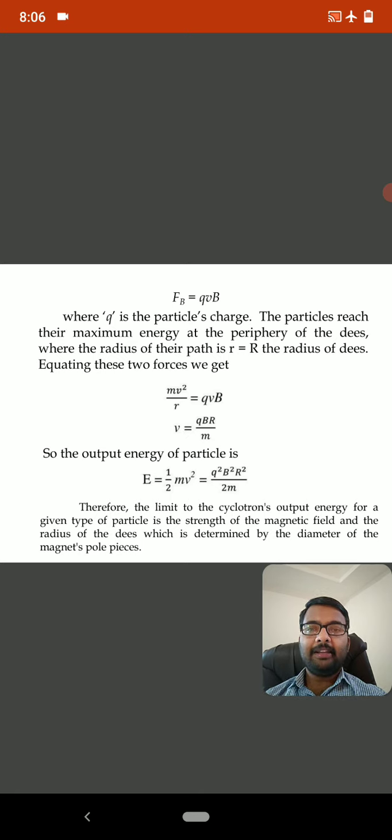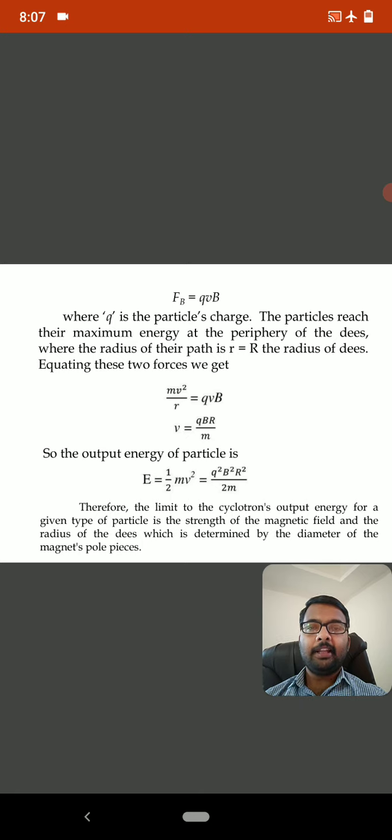The particles can achieve their maximum energy at the outer surface of the Ds, almost at the edge, that is the periphery of the Ds. At that outer surface, the radius of the path of the charged particle, small r, is equal to capital R, the radius of the Ds.